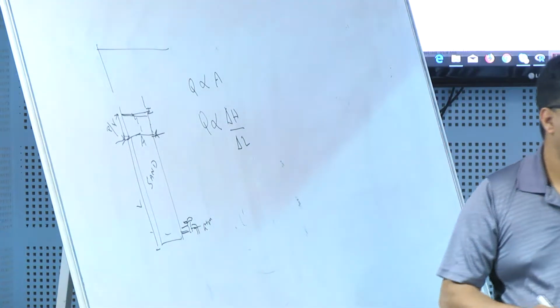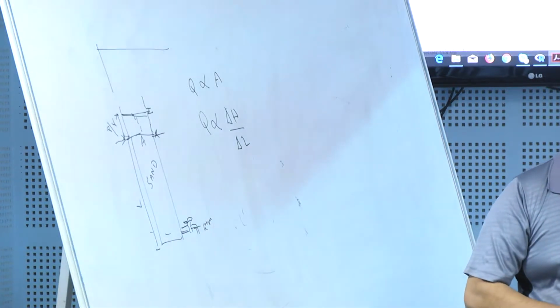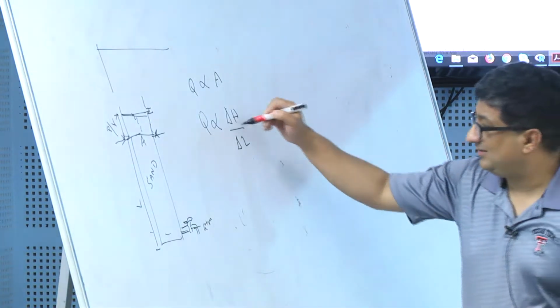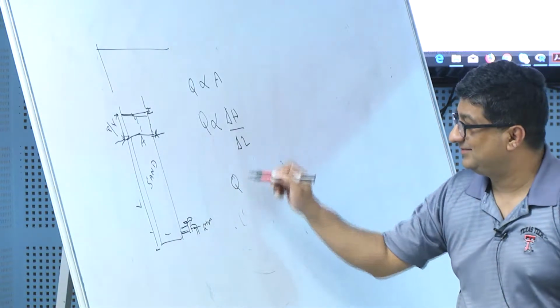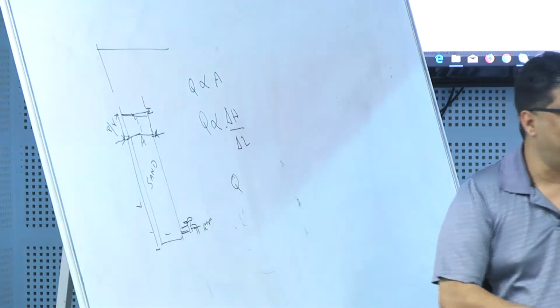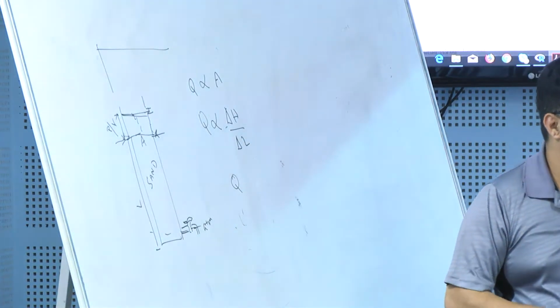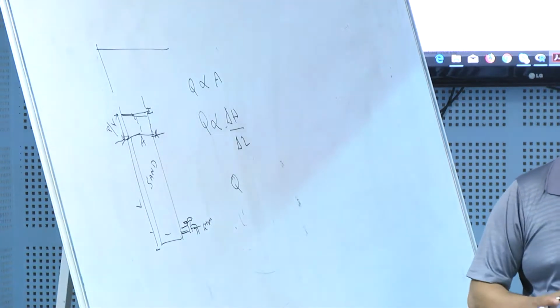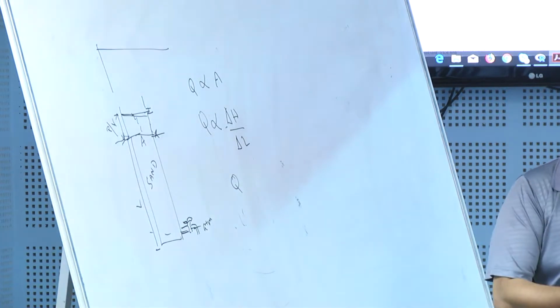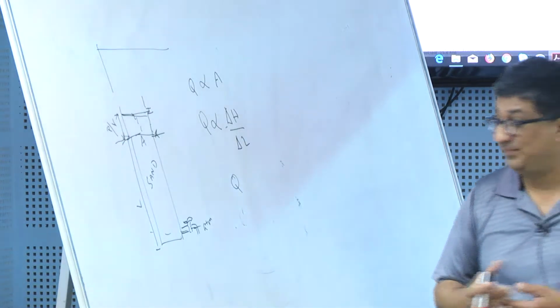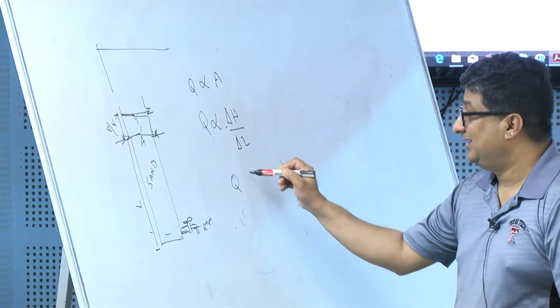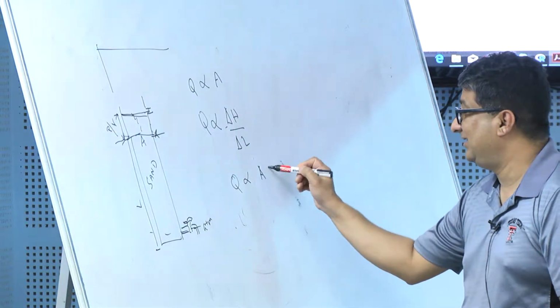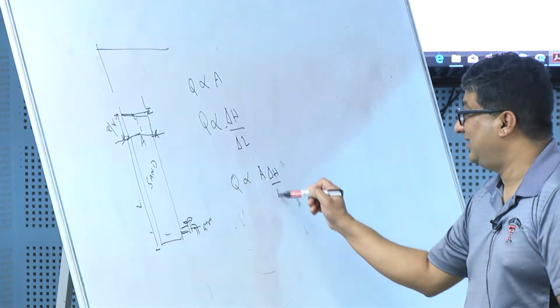Okay. What's that? Well, why the negative of hydraulic gradient? Correct. So the negative sign simply implies that your flow is in the opposite direction of your hydraulic gradient, so Q is proportional to A dH over dL.